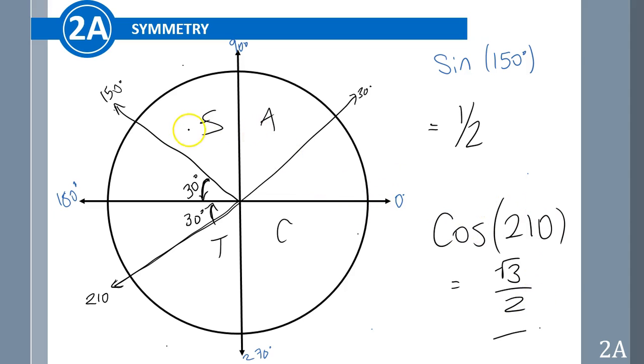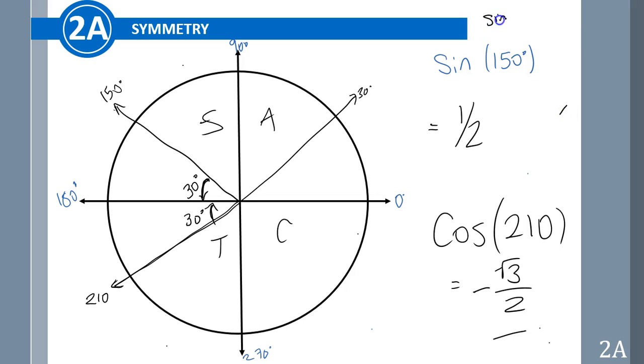And I'm in the third quadrant, where only tan is positive. So my answer is going to be negative root 3 on 2. So it's a three-step process. You draw the line, you find the value, and then you find whether it's positive or negative. If you check those three things every time, we should be pretty okay.